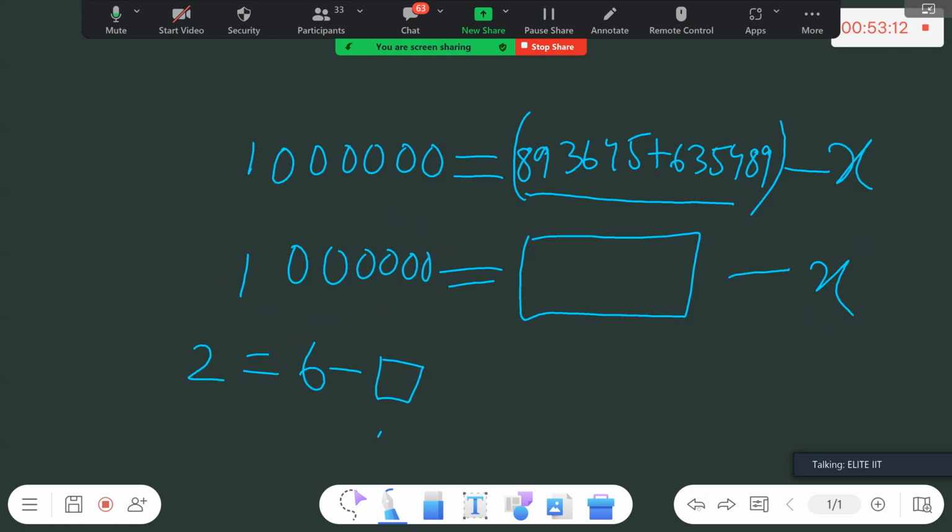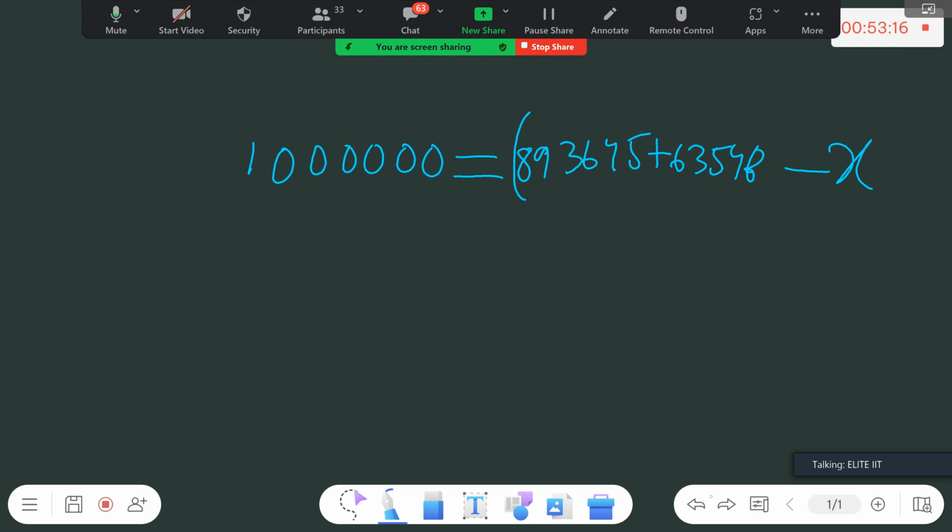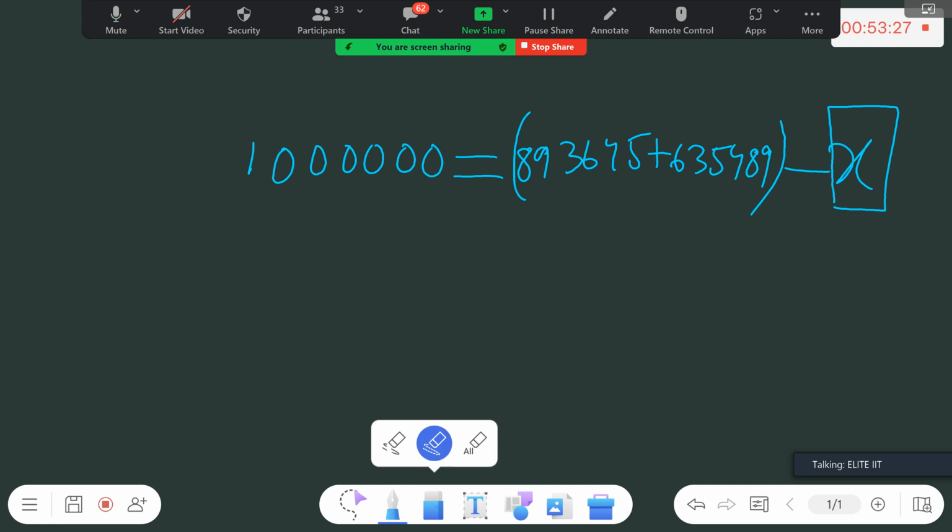So what is given in the question? It is given that you actually have to find some x. You actually have to find some number here, isn't it?